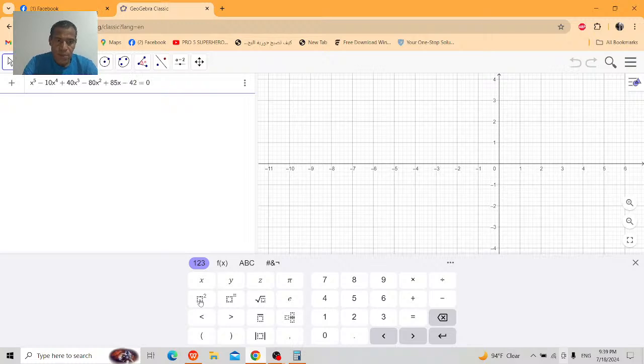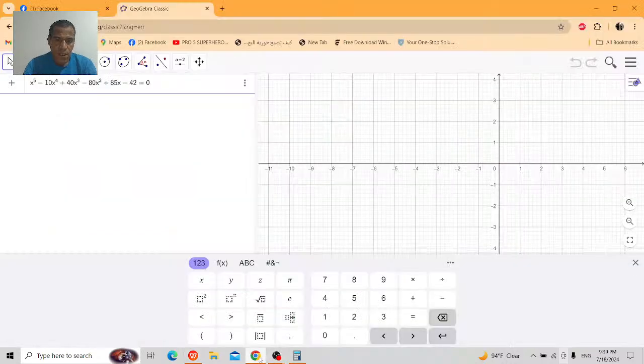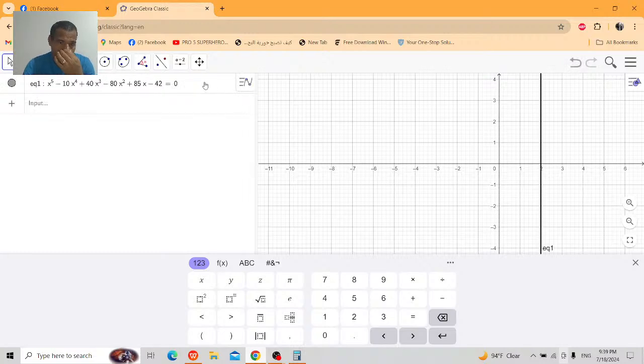Of course, it has to be equal to 0. This is my equation: x^5 minus 10x^4 plus 40x^3 minus 80x^2 plus 85x minus 42. I will tell it to solve.